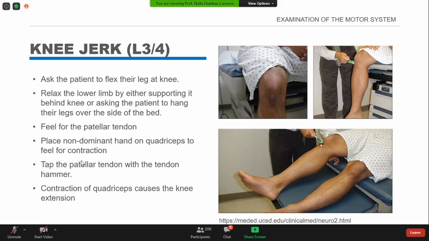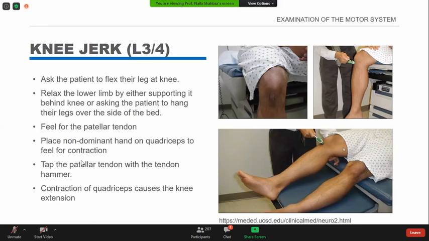Again, directly. In the upper limb, we do not tap the biceps and supinator tendons directly. We place our fingers and tap on them. But for triceps jerk, knee jerk, and ankle jerk, we tap the tendons directly without using our fingers.